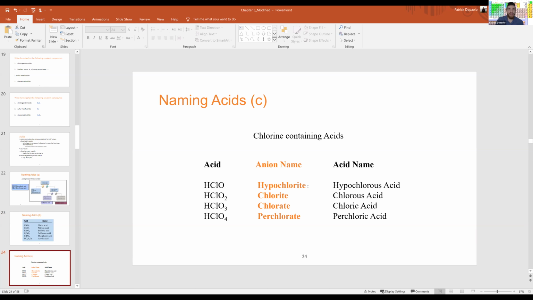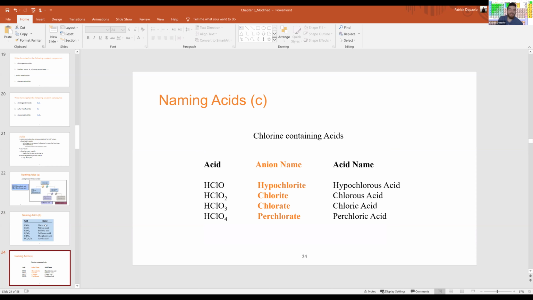So hypochlorite, okay, you take hypochlor, get rid of the ITE, add an OUS, hypochlorous acid. Chlorite, get rid of the ITE, add an OUS, chlorous acid. Chlorate, get rid of the ATE, put IC, chloric acid. Perchlorate, get rid of the ATE, add an IC, perchloric acid.